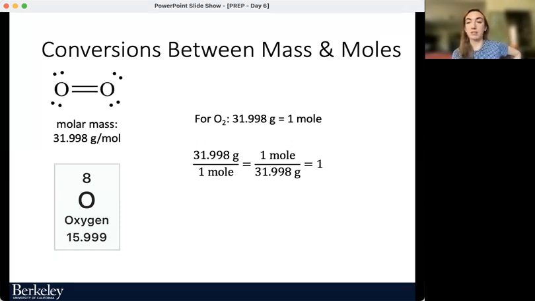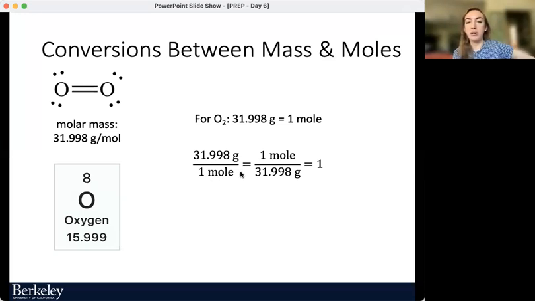So if I want to convert from moles to grams, then I want my moles to cancel out, and I'll use this one. So my grams are on top. If I want to convert from grams to moles, I'll use this one so that my grams will cancel out and I'll end up with moles. So I really don't want you to memorize anything ever, but in this case, I don't want you to memorize, oh, here's when I multiply by the molar mass and here's when I divide by the molar mass.